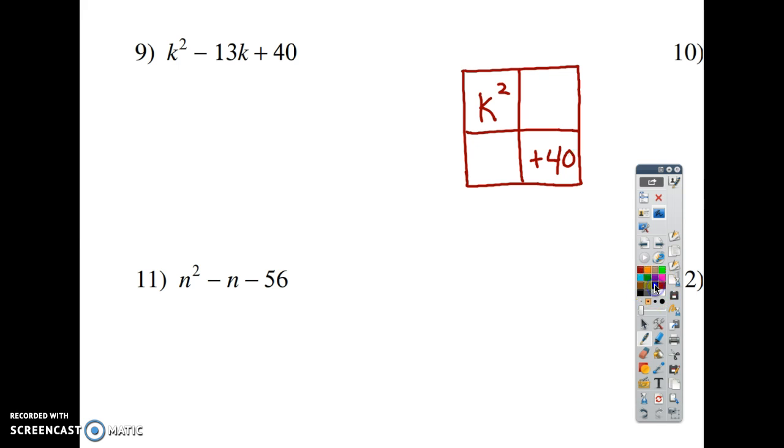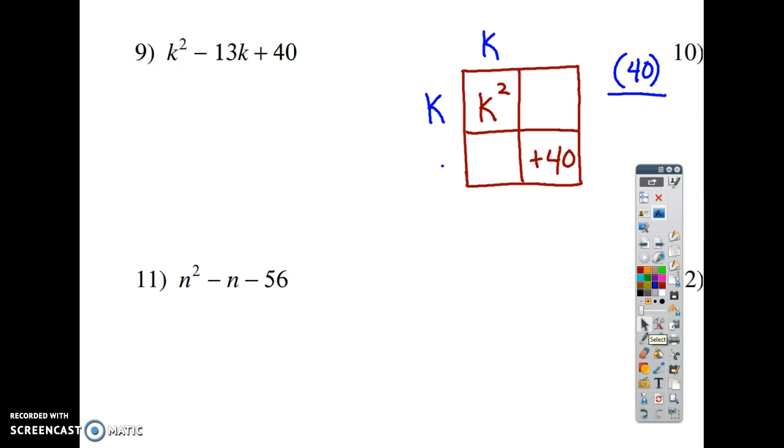And you can go ahead and fill in the outside. I know that this is going to be k times k, but now I need to find factors of 40, because these two numbers have to multiply and give you positive 40. So I need factors of 40. So go ahead and pause the video and find those factors and see if you can finish this problem off without my help.